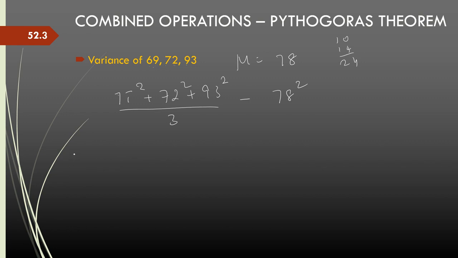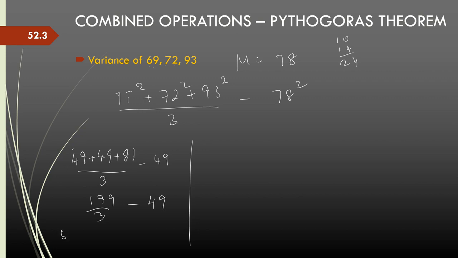So on the left I have 7 square plus 7 square plus 81 divided by 3 minus 49. This is the leftmost part. So this is 49 plus 49 plus 81, 179 by 3 minus 49.